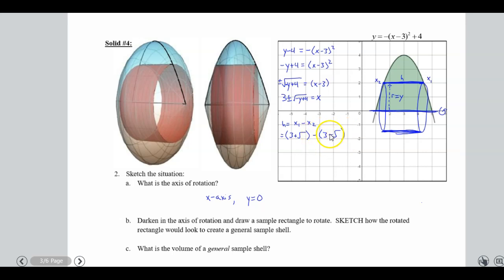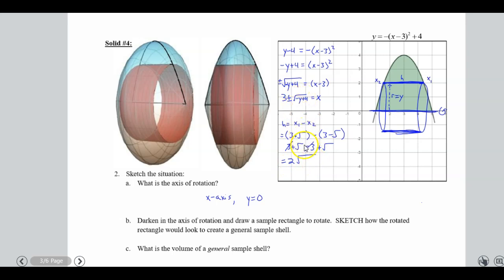And when we distribute the negative, that's going to be now 3 plus the root again, minus 3. Negative times negative will make this plus that square root. And lo and behold, the 3's are going to subtract out. And we just get a couple of these identical roots right here. So height will end up being 2 times that square root.